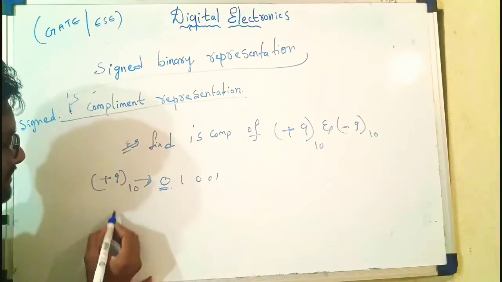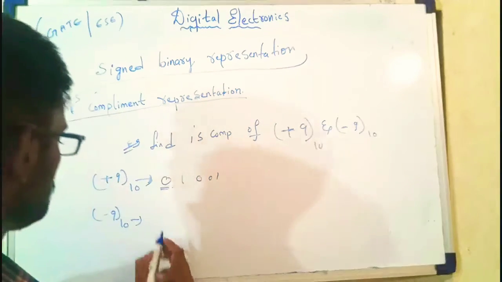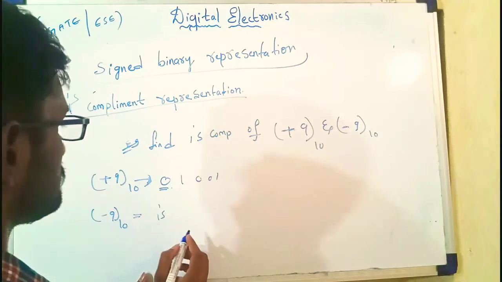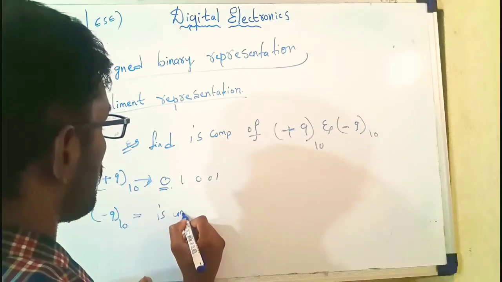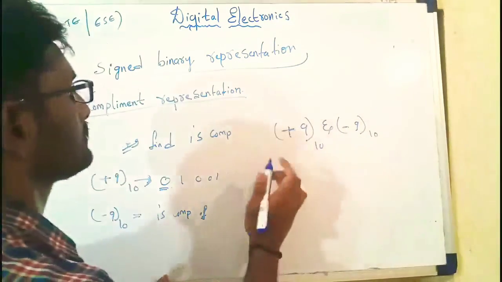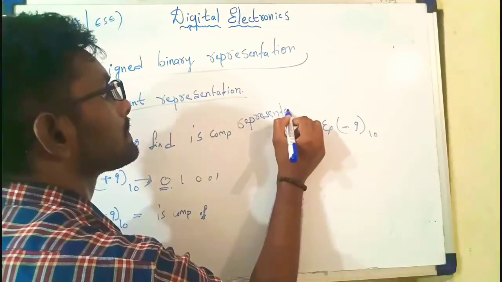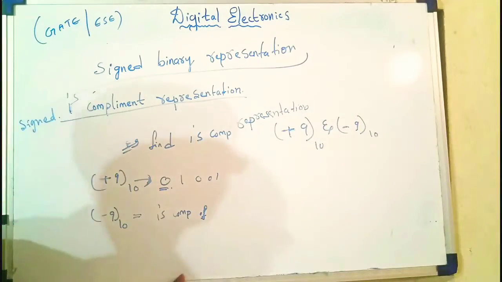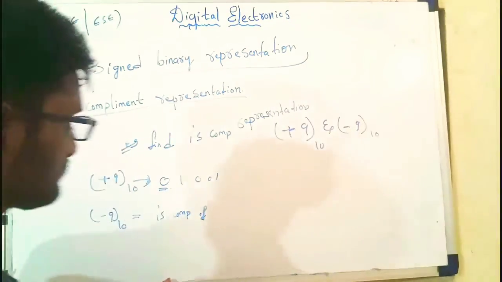This is 0. For minus 9 to the base 10, this is the 1's complement representation. The 1's complement of plus 9 is different from the 1's complement representation of plus 9.